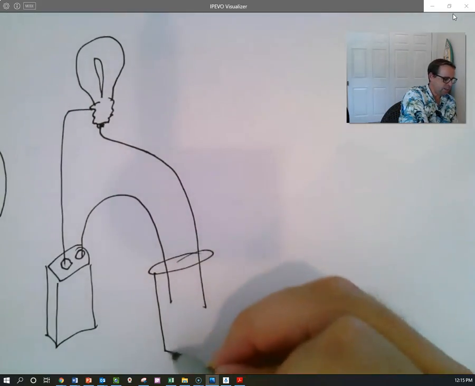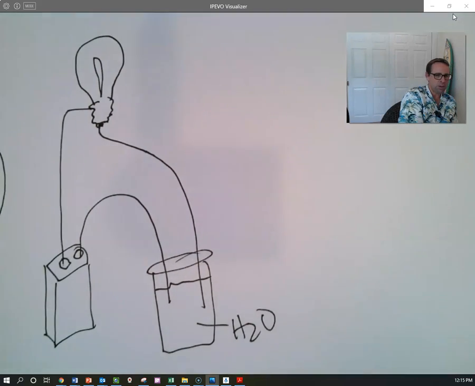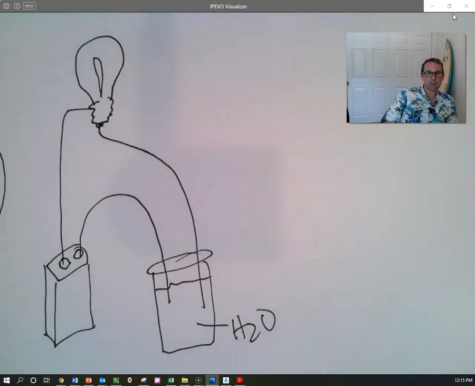If I dip these two leads into a solution of water, H2O, I still won't get the light bulb to light up. Now, you don't want to try this at home, because if you take tap water and rig up some sort of system like this, it'll light up. It'll light up because tap water is actually salt water.